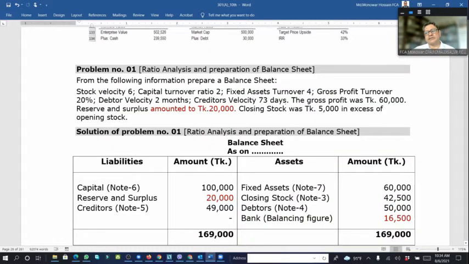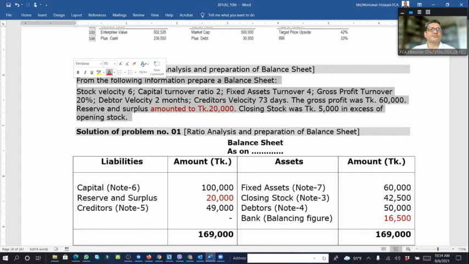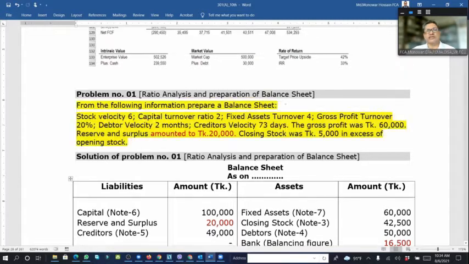From that math we can calculate; it's also a part of ratio analysis. Look here, this is your question. Below is the answer with some working. First we discuss the question. Look here, this is ratio analysis and preparation of the balance sheet.